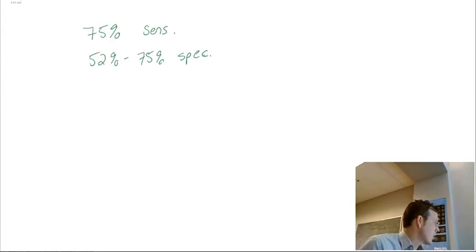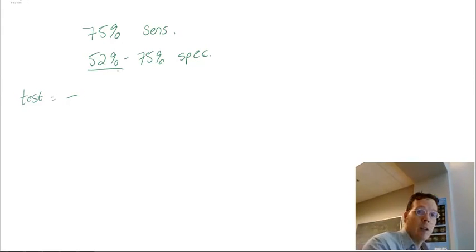Suppose a subject has a negative test. So a test is negative. Assume the lower bound for the specificity, so assume 52%. What number is closest to the multiplier of the pre-test pregnancy odds to obtain the post-test odds of pregnancy given the negative test result?